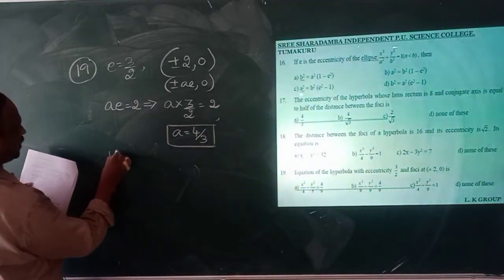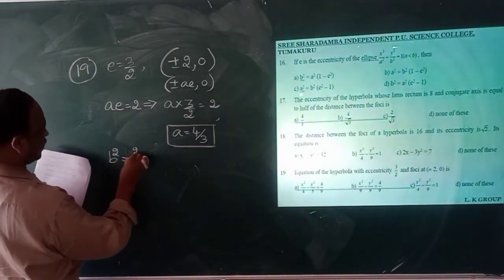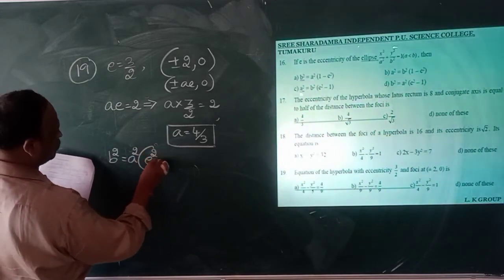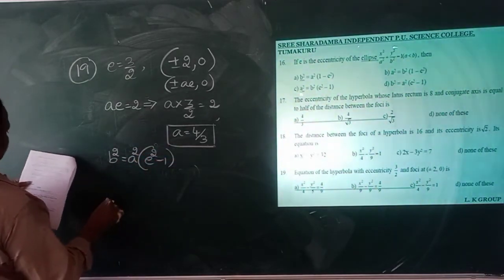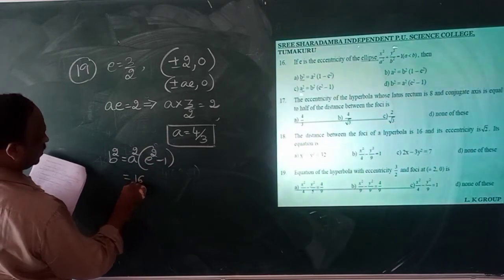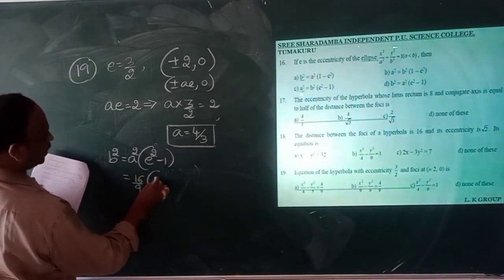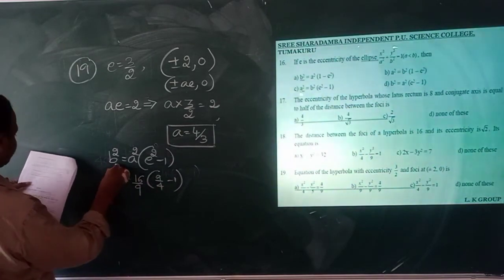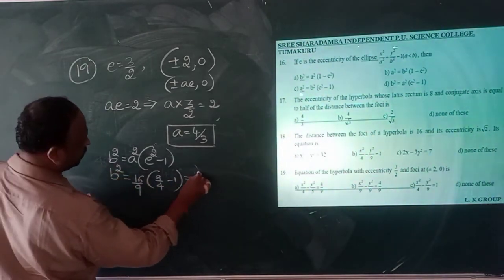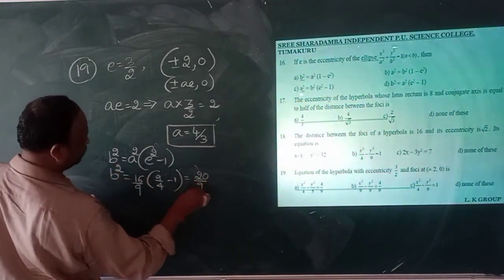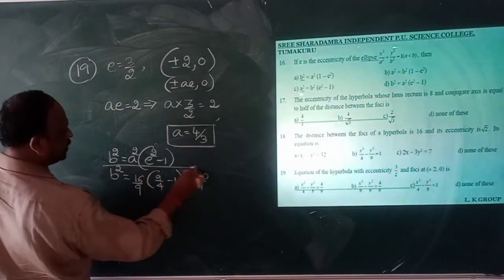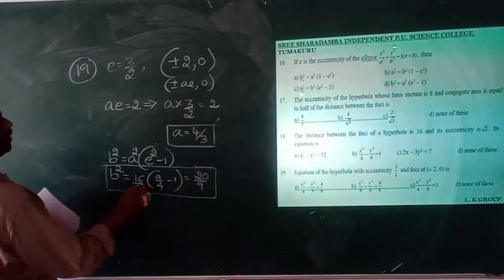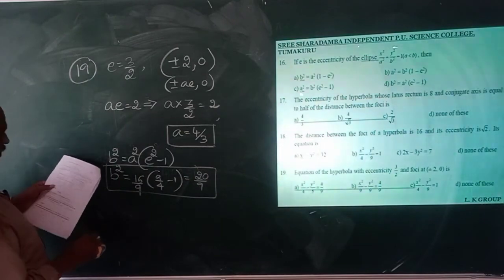So b square is equal to a square into e square minus 1, that is 16 by 9, e value 9 by 4 minus 1, this will be b square. So b square will be 20 by 9. a will be 4 by 3.